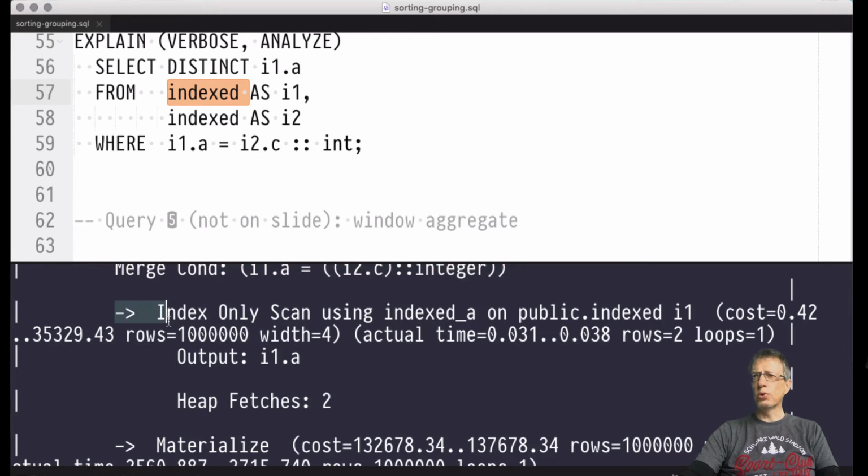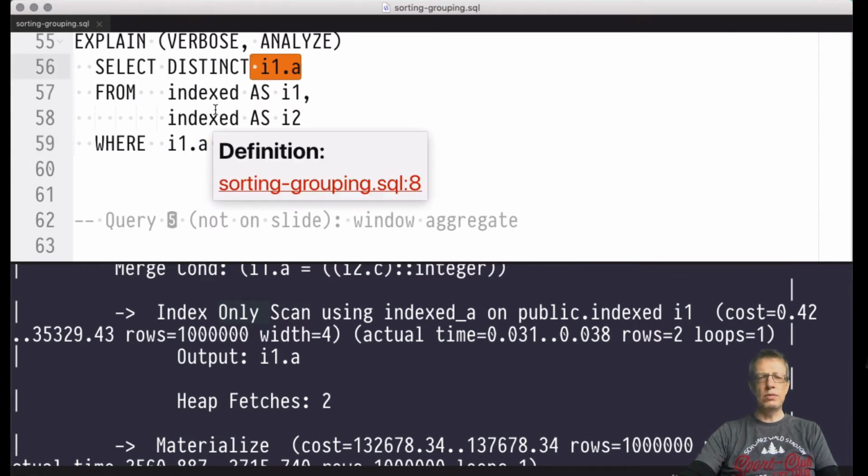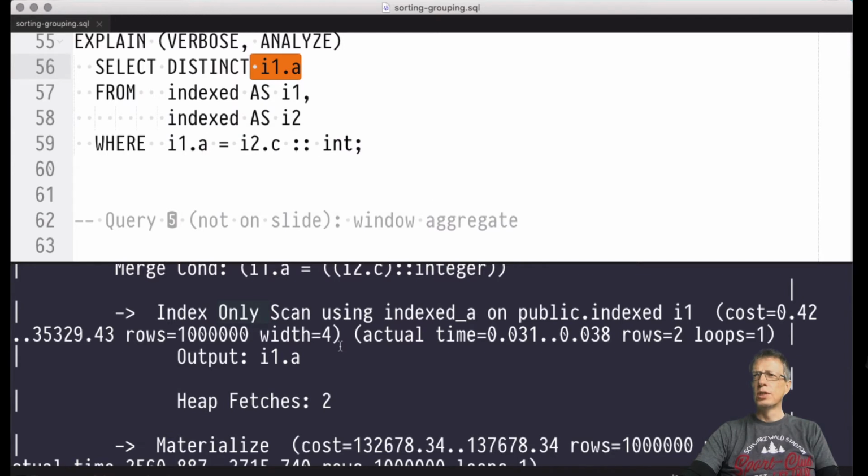One such row source would be the index on A. We can even use the index only scan here because knowing the A values of the index rows is enough to evaluate this predicate, and it's enough to evaluate the select clause here. So an index only scan is sufficient.